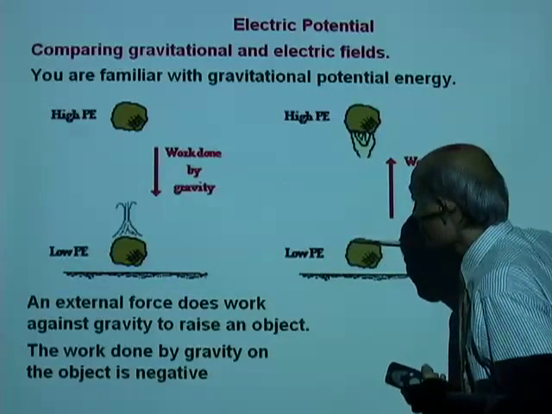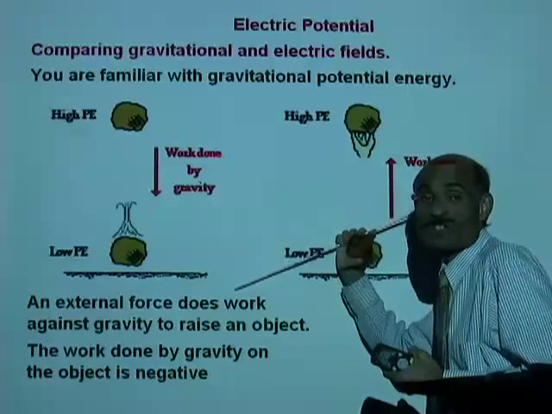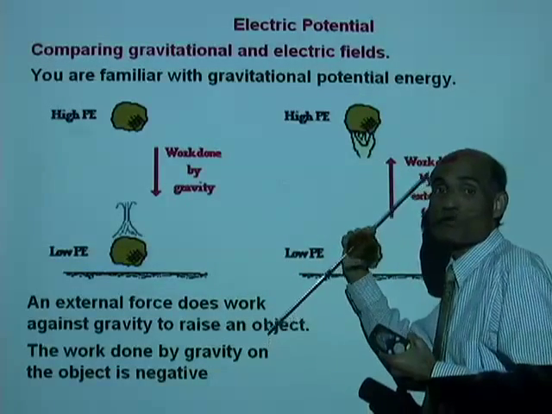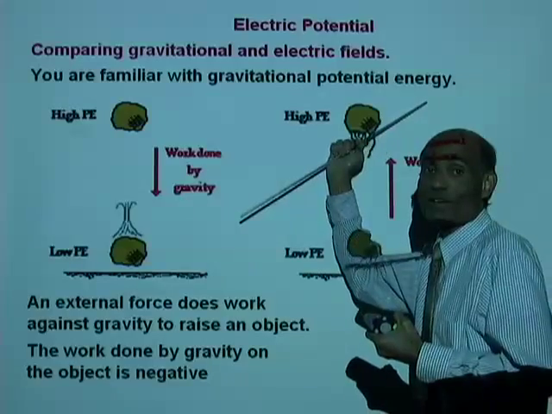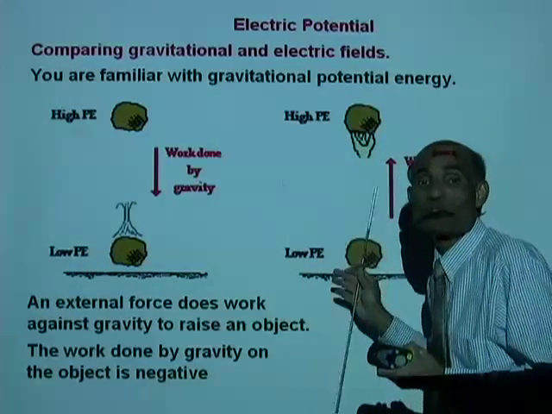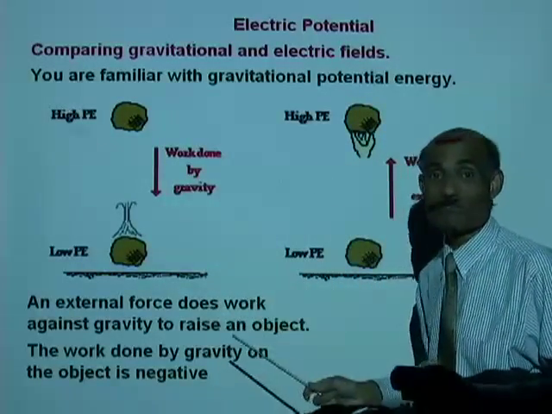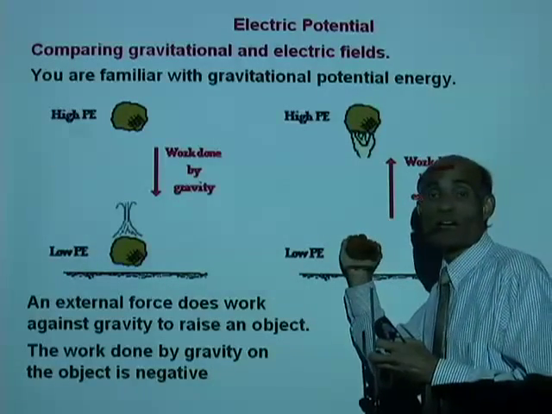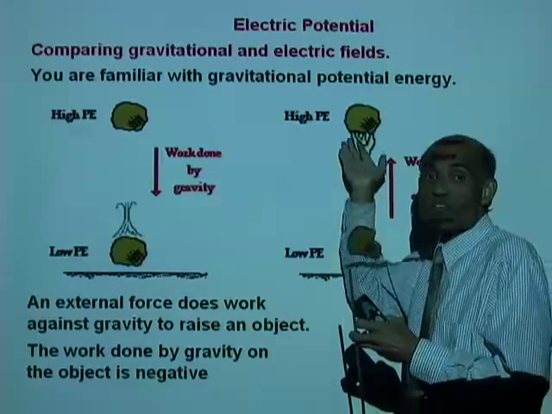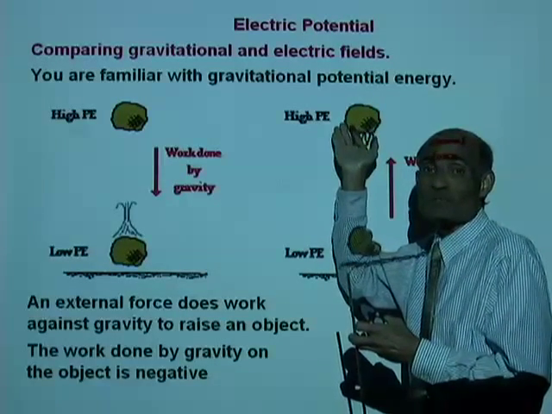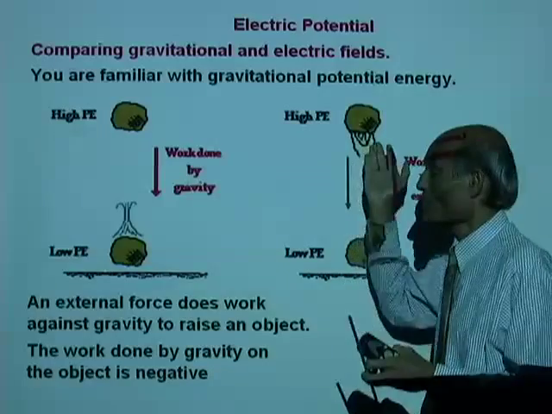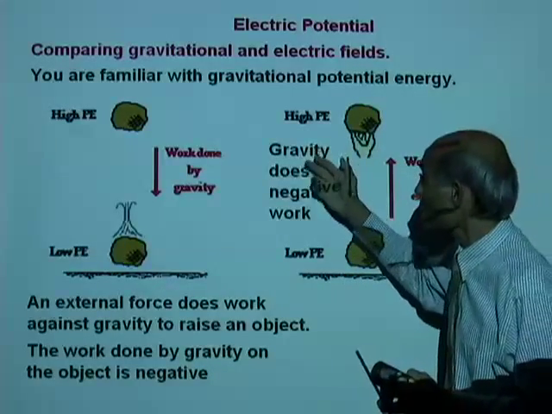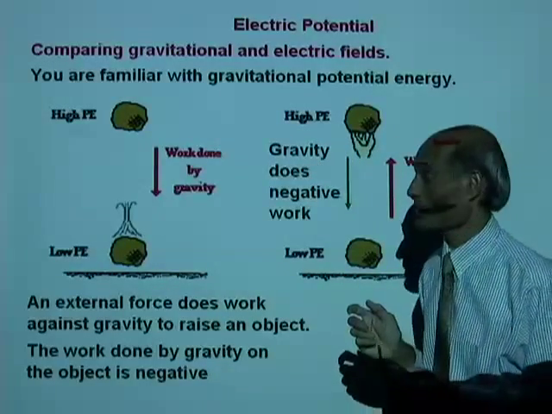But the direction of the force of gravity is downward, and when you move the object upward, the work done by gravity is negative. So the negative work done by gravity raises the potential energy. Now that concept is very important. So gravity does negative work.